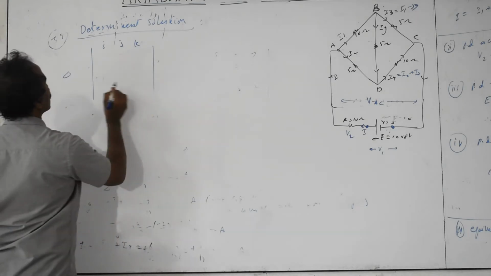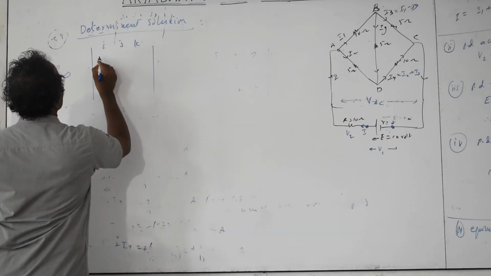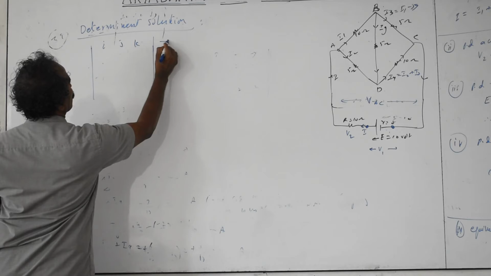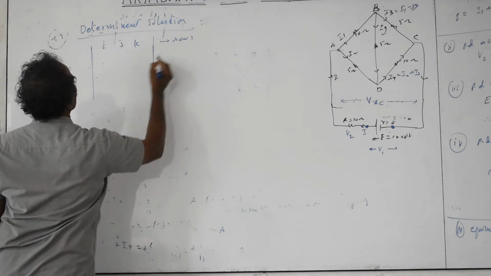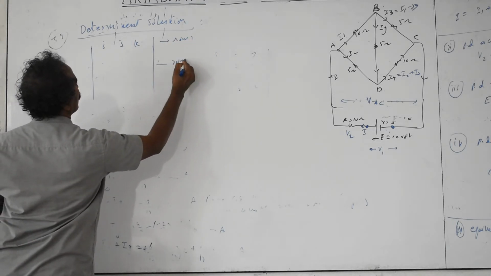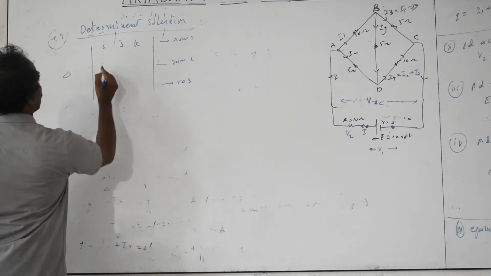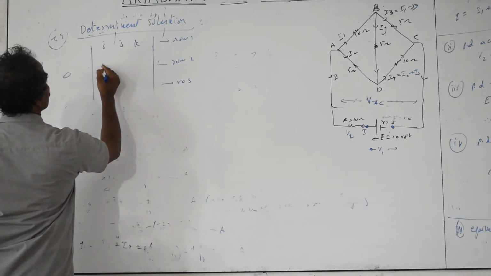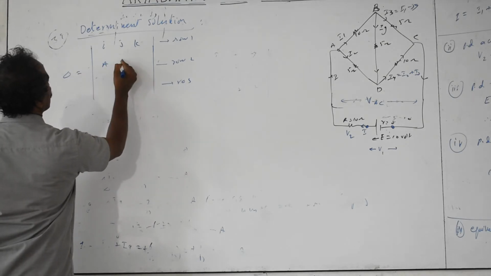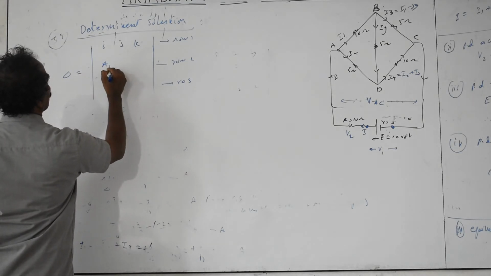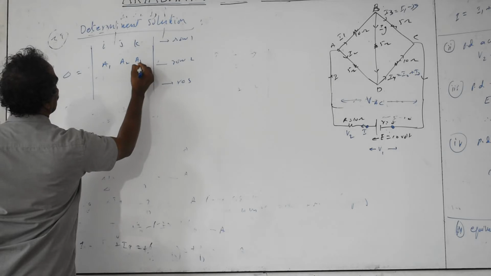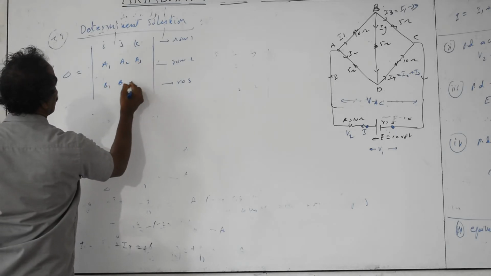I, J, K. This is the first row, row 1, and this is going to be row 2 and row 3. I will take the given elements as A1, A2, A3, B1, B2, B3, and so on.